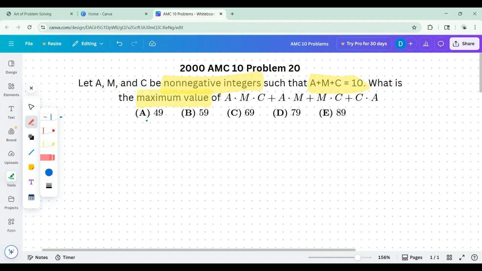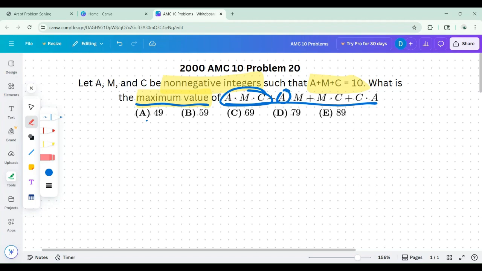Okay, so since we're finding the maximum value of this given expression, and as you see in this expression, we have a, m, and c used an equal number of times in an equal number of specific places. As you see, we are multiplying all three together right here, and we are multiplying each of these variables with the other two variables.